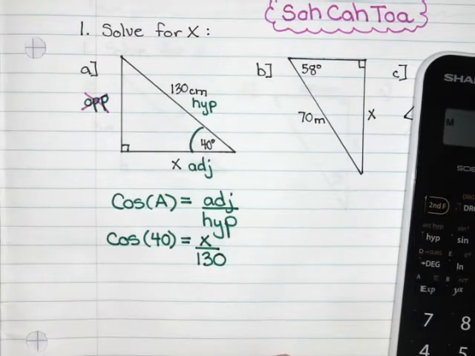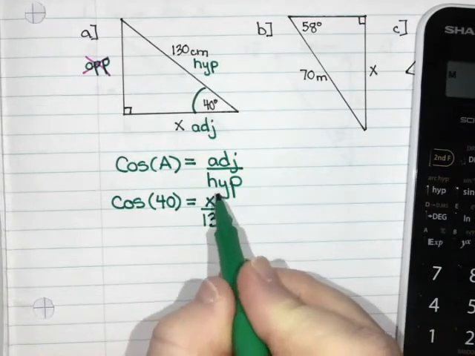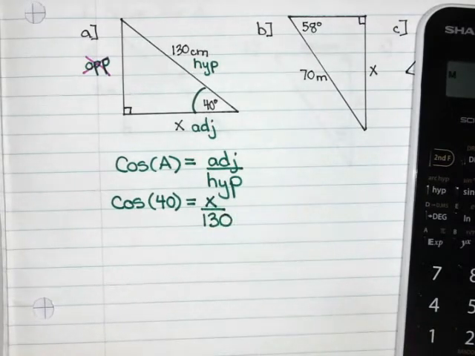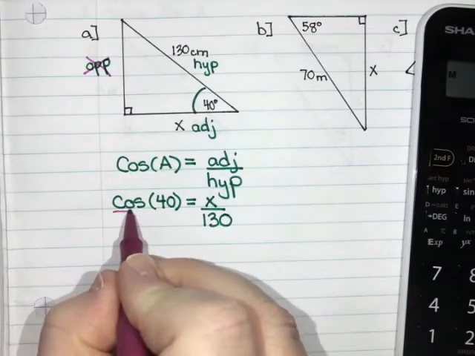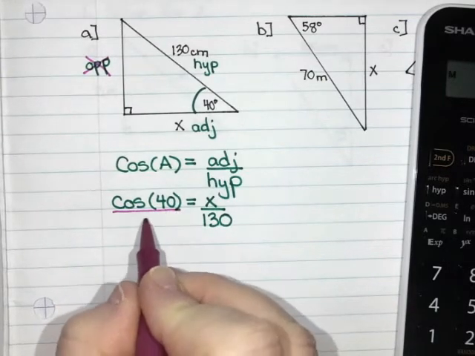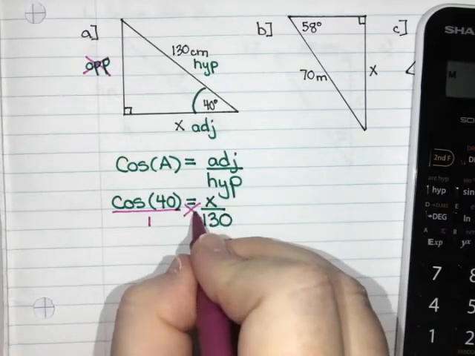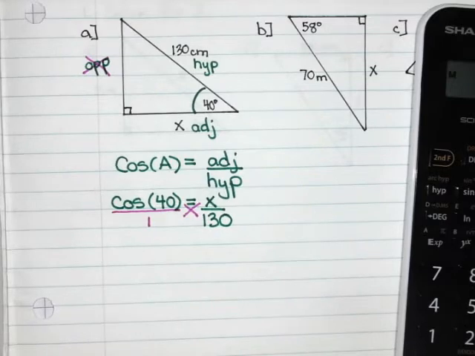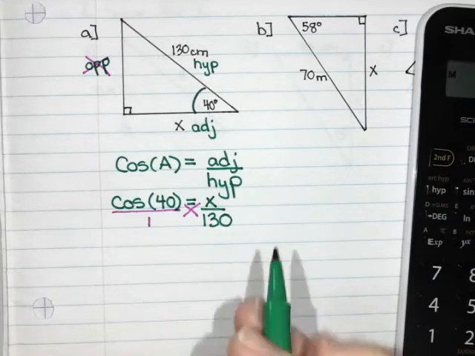Okay, so what I need to do is find a way to solve for x. So what I'm going to do is I'm going to say this cosine of 40 is secretly over 1. And I am going to cross multiply to get that 130 to the other side. So I'm going to have cosine of 40 times 130.